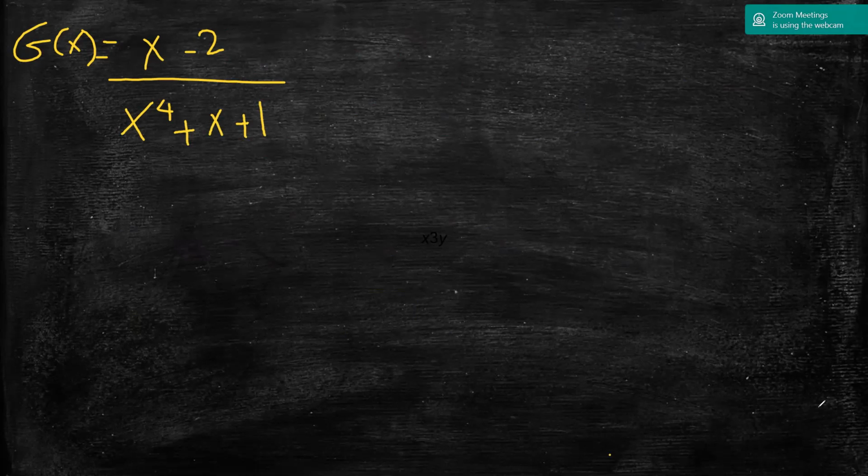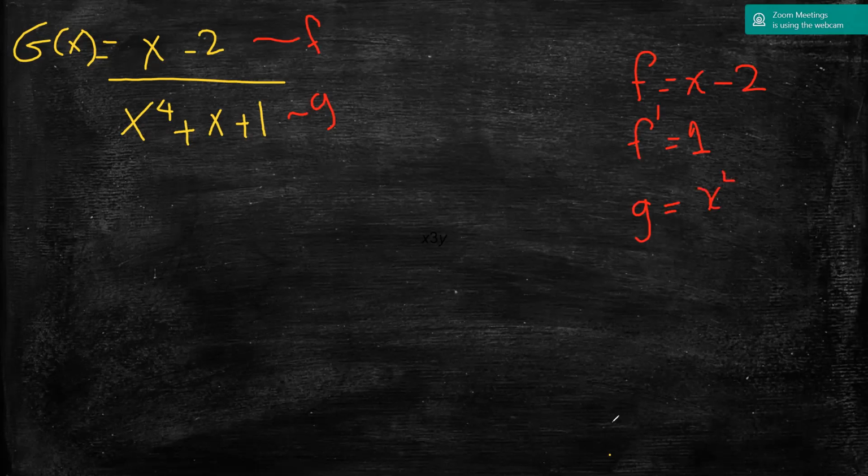Let's assume that this is f and this is g. So if I assume that f is x minus 2, f prime will be 1. And if we assume that g is x raised to the power 4 plus x plus 1, so g prime will be 4x cubed plus 1.